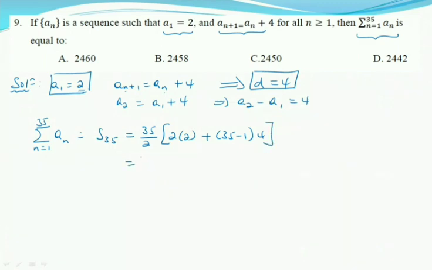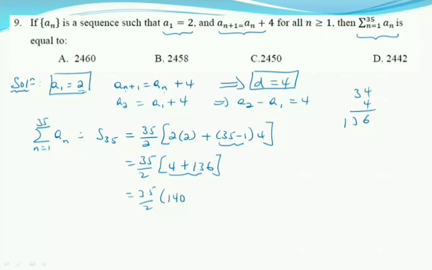So this is 35 over 2 into 4 plus, this is 34 times 4, which is 136. Okay, this is 136. I mean 35 over 2 times 140.